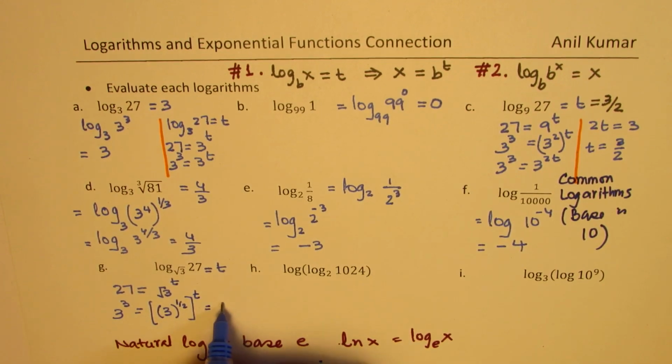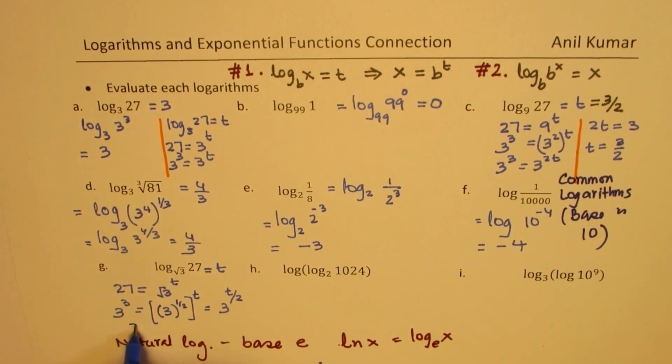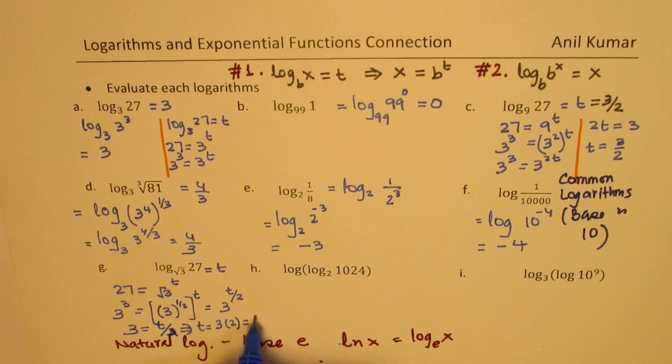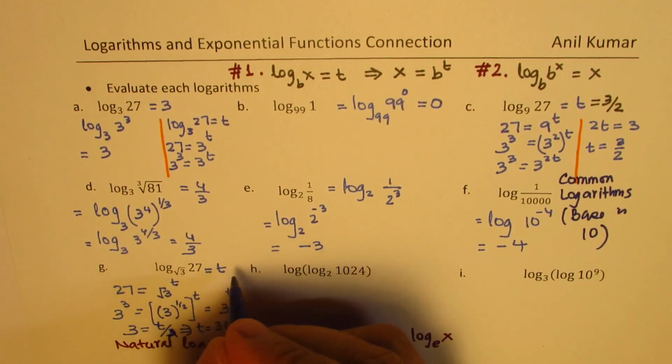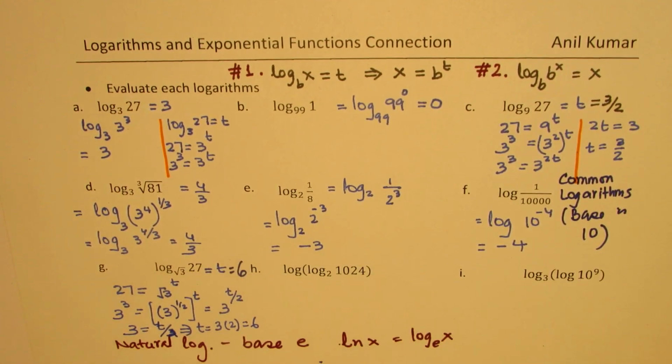So that really means we are looking at 3 to the power of t by 2. Now that means 3 is equal to t by 2, right? That gives you t as 3 times 2, which is 6. So in this case, the answer is equal to 6, correct?